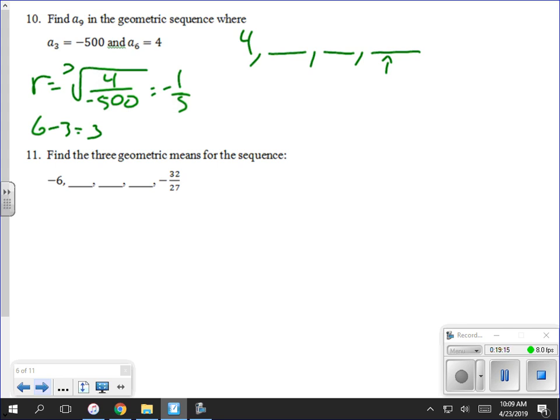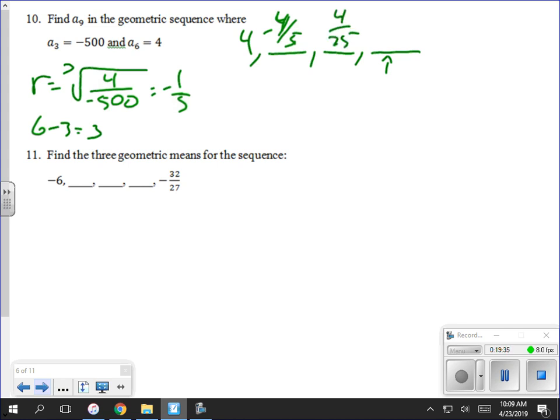Multiply each time by r. So negative 1/5 times 4, negative 4/5. Multiply that times negative 1/5, and I get 4/25.